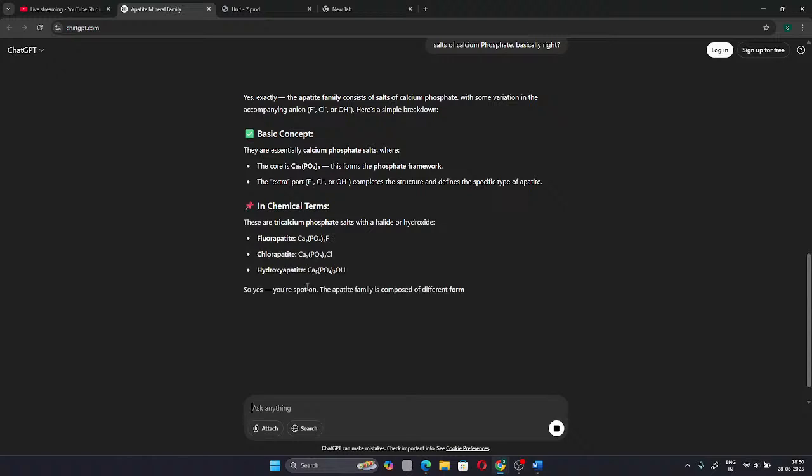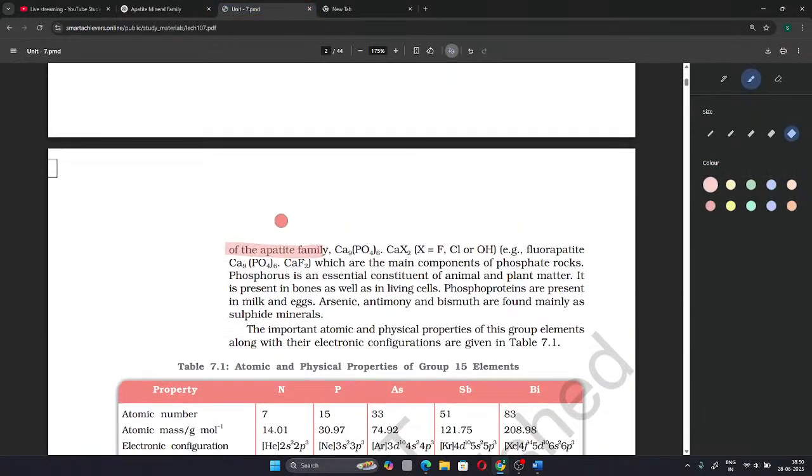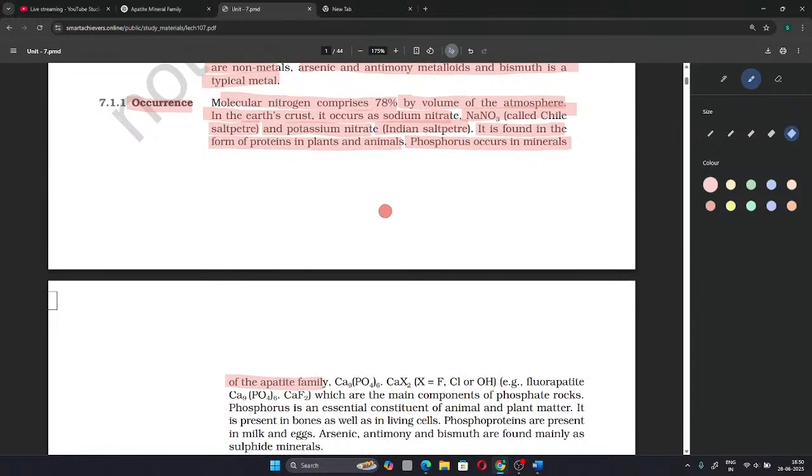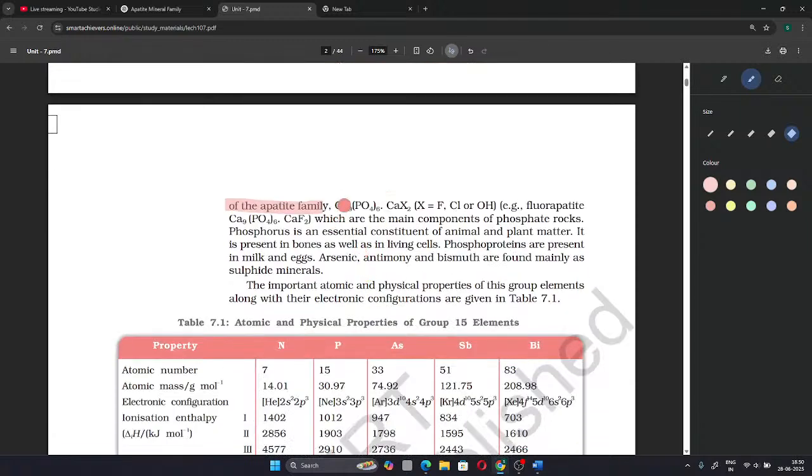Yes, apatite family being salts of calcium phosphate. Ca9(PO4)6·CaX2, where X can be any halogen or OH group. Example for apatite: Ca9(PO4)6·CaF2, which are the main components of phosphate rocks.